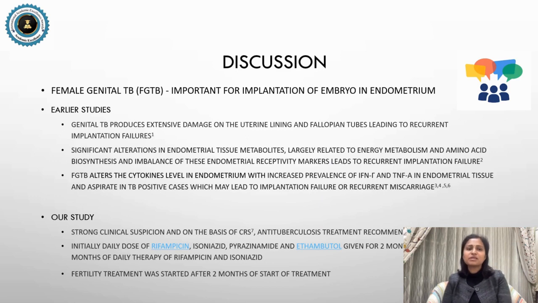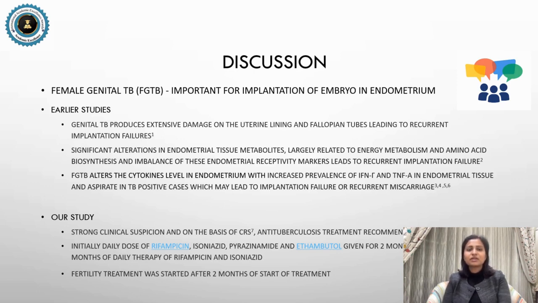As we know, female genital tract infection is important for implantation of the embryo in the endometrium. Earlier studies stated that genital tuberculosis produces extensive damage to the uterus lining and the fallopian tubes, leading to recurrent implantation failures.